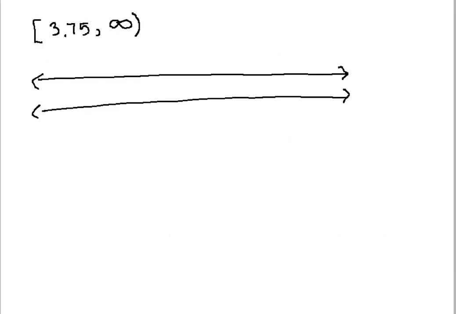Okay, I've set up another interval notation one, and I am going to go ahead and label this here. I'm going to have this be my 3.75 on my number line, and I need to determine how I need to represent this.